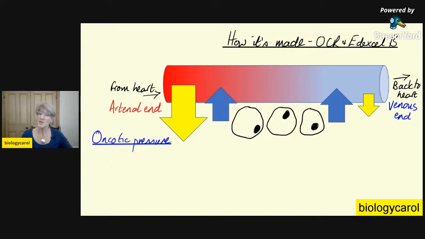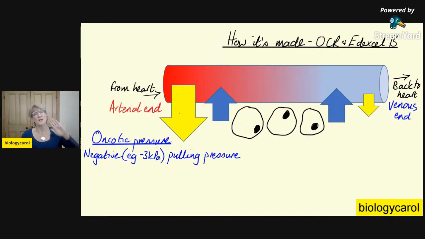The oncotic pressure is actually there across the length of the capillary. Hence, I am now putting in this other blue triangle here. It is a negative pulling pressure, whereas remember, this hydrostatic pressure was a pushing positive pressure.